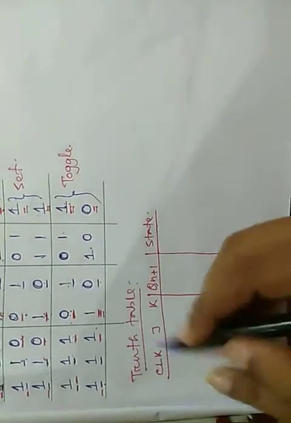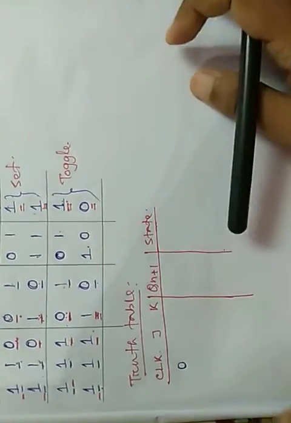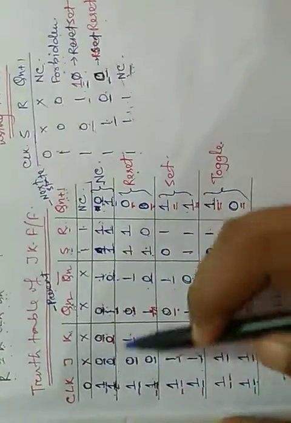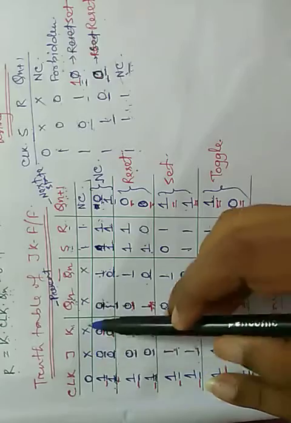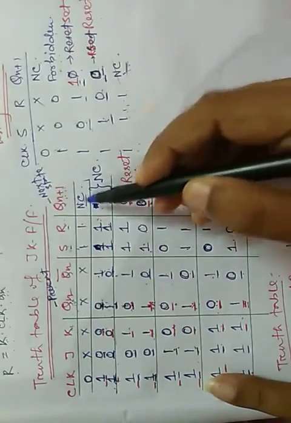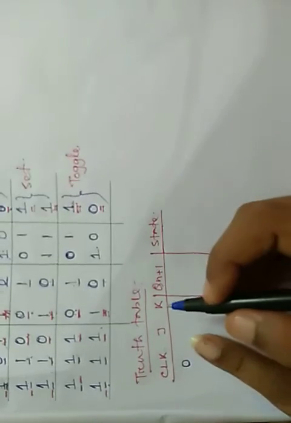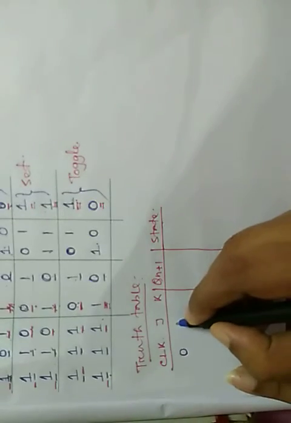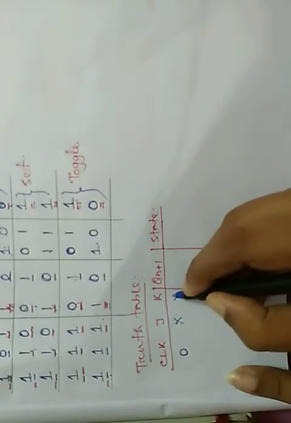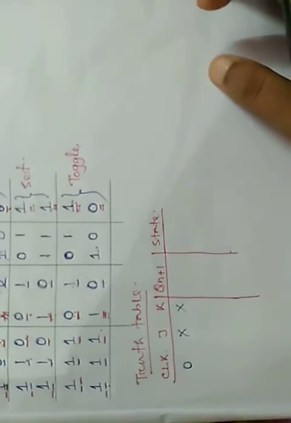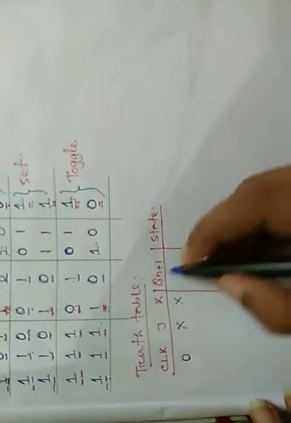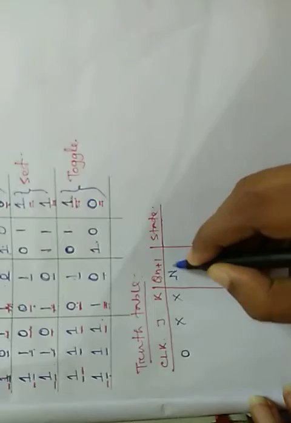So when clock is 0, from this table, whatever be the value of J and K, output is no change.